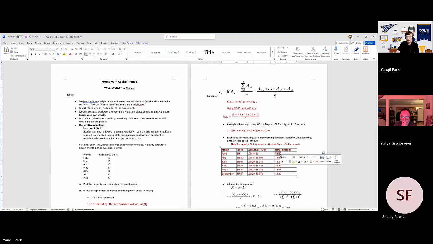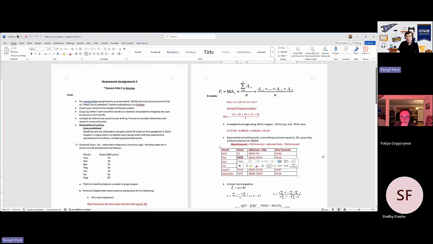Okay, for the month. Then we're going to use this for May, which becomes the old forecast, right? So we keep using this 0.2, which is a weight. Then 15 comes from, again, the previous sale, which is right here, April sale, minus the old forecast again.